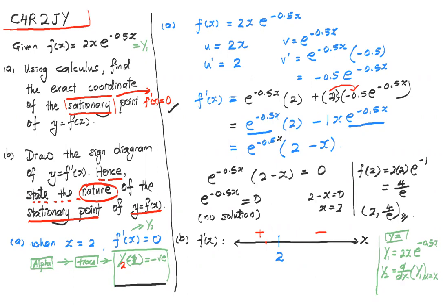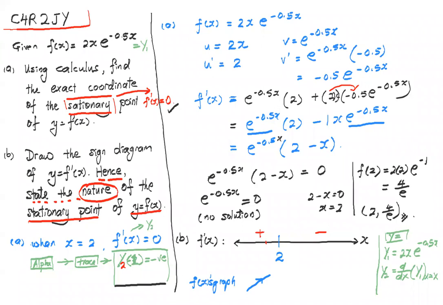So now, if f prime x is positive, I'm going to draw my f x graph. It will look like this, going up. Agree? Because you have a positive rate, it means increasing.